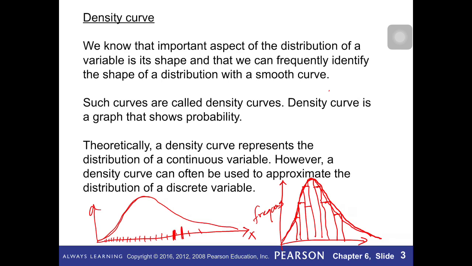That's why it is continuous, because at each and every point we have a value on this curve. But most of the time, if we have a discrete case, suppose this x is a discrete value, we approximate the distribution of a discrete variable. So if we have a discrete variable, we approximate it with a normal distribution or density curve.